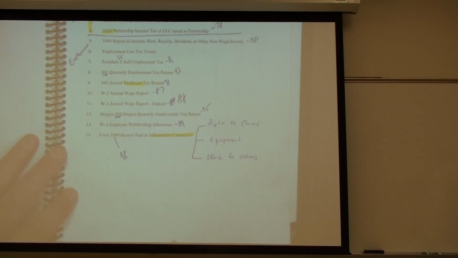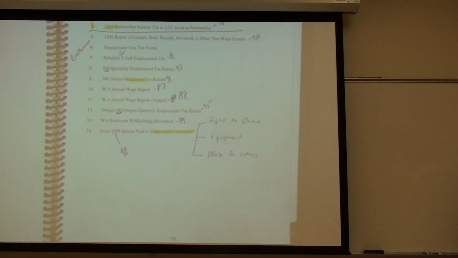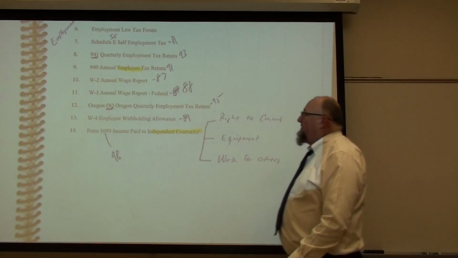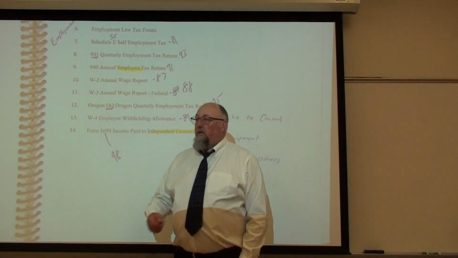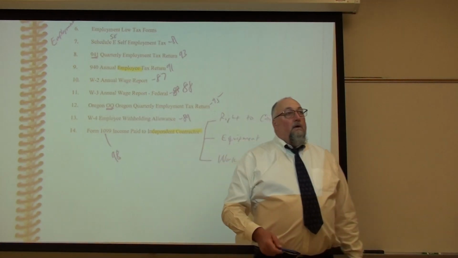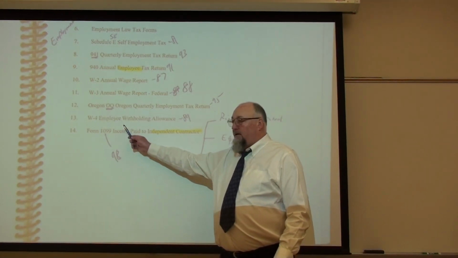So one other thing here, back to independent contractors. When you report income for an employee, you file a W-2 form for wages. An independent contractor is a 1099 form.